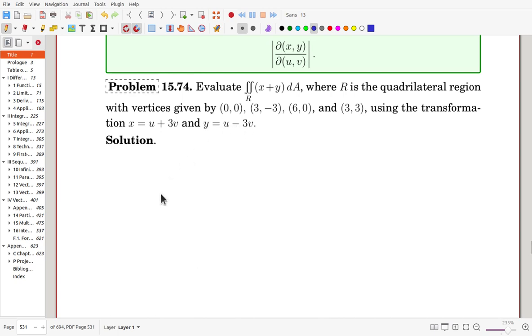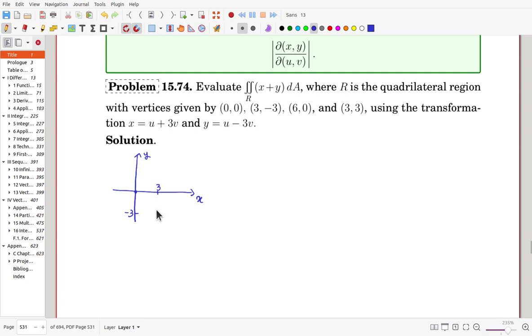For this problem, let's first try to visualize the region R. That is the y-axis, and that is the x-axis. Now 0, 0 is this one. Okay, 3, and there is a minus 3, and there is a 3.